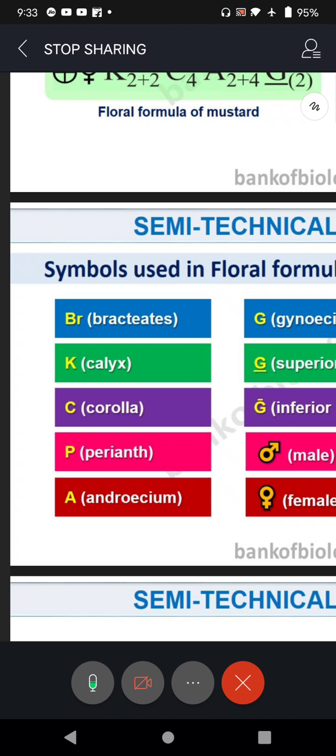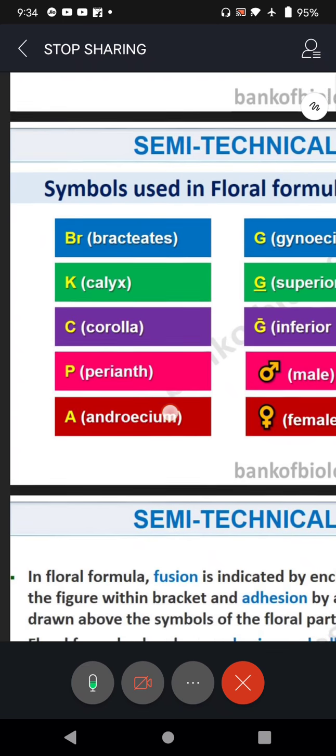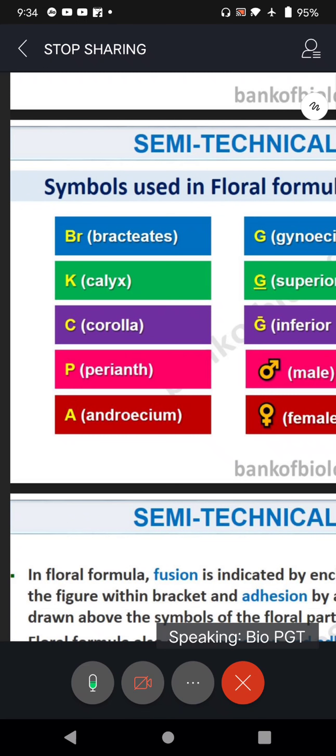Next, C for corolla. Corolla is a group of petals. Petals are very colorful, with a nice smell, we say fragrance. Here also, I have said yesterday, go to your garden after my class, or even to your field.